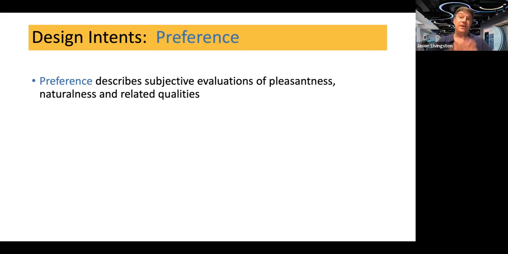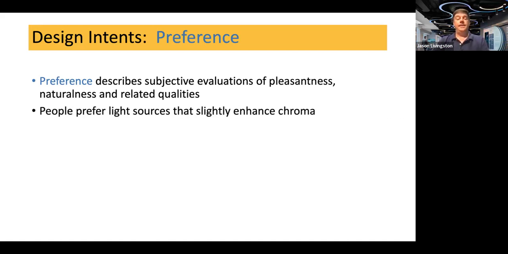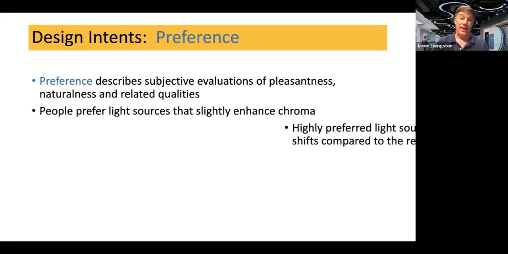So it's not me, it's all of us, or most of us. What is that preference key? The preference key is that most people prefer light sources that slightly, not dramatically, but slightly increase the chroma of most colors. And again, we are giving extra attention to red.